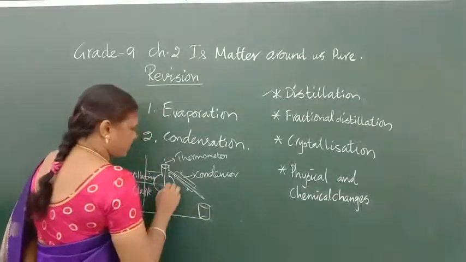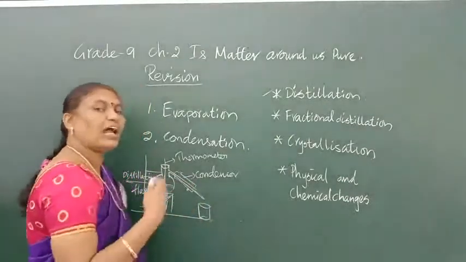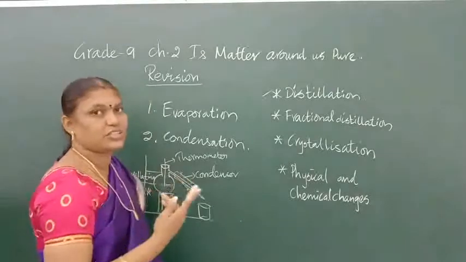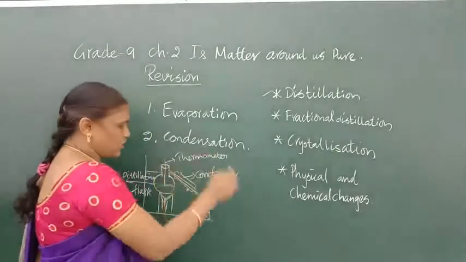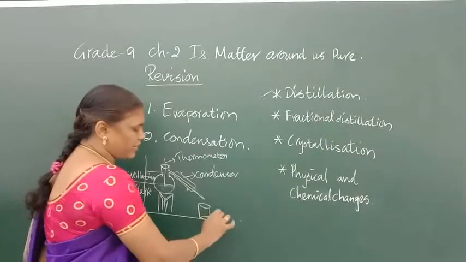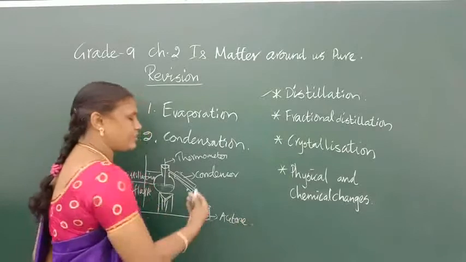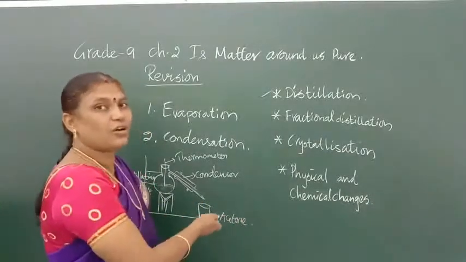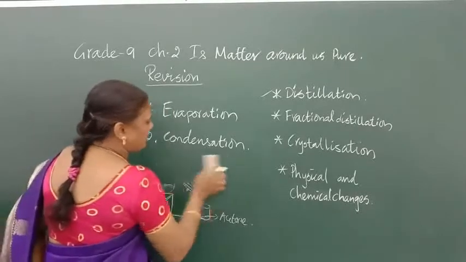The liquid you will be getting, for example, you are separating acetone and water, or alcohol and water, any two substances which are miscible. So you have to write all the labels in the diagram. You will be getting acetone or alcohol first, then only water, because it has a very low boiling point compared to water. So you have to label the diagram and explain.